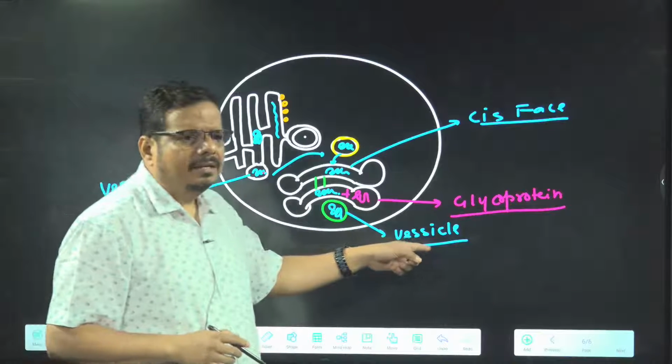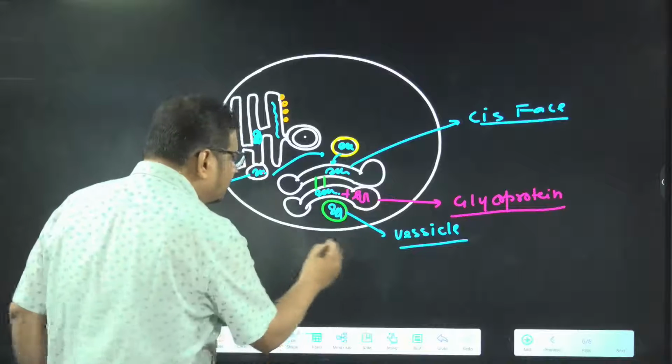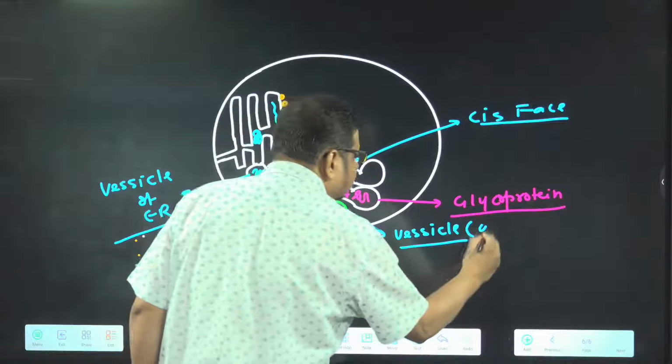Is it clear? So this is which vesicle? Golgian vesicle.